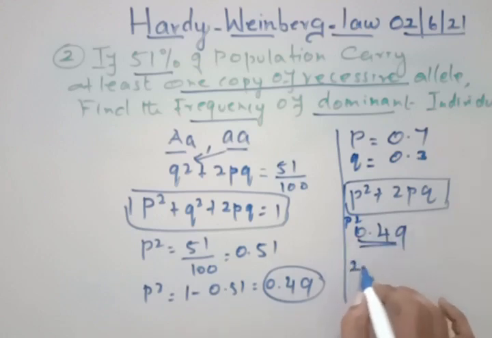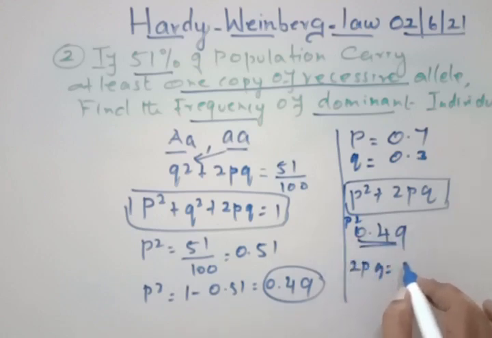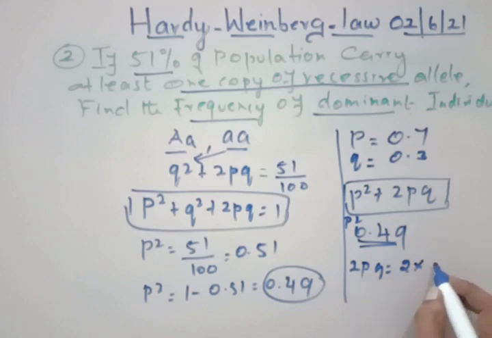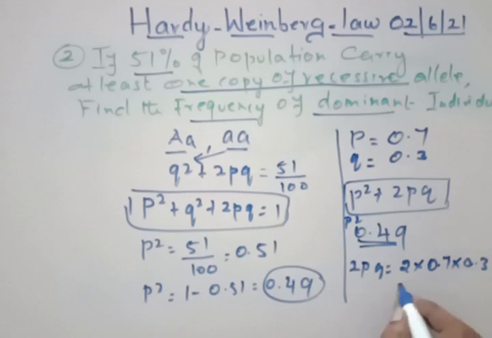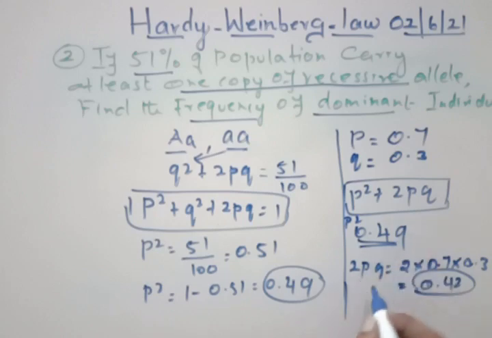So we have 2pq is equal to 2 into 0.7 into 0.3. So you will get 0.42. Clear? Right. So that is for the heterozygous dominant.